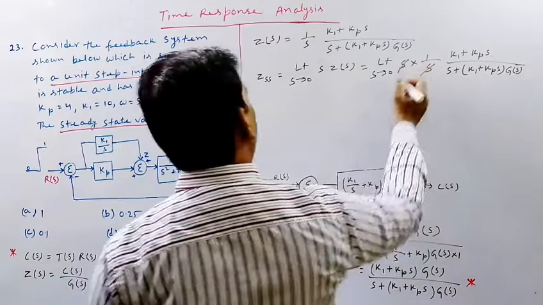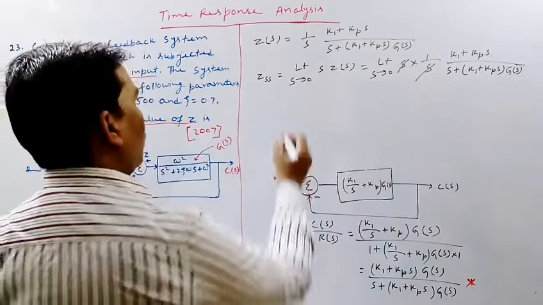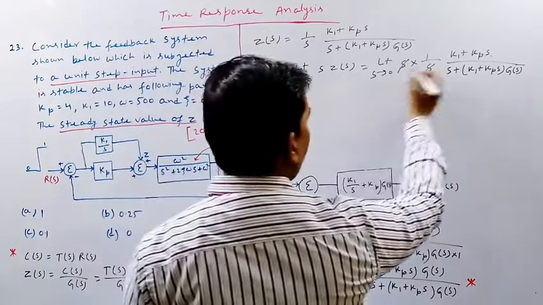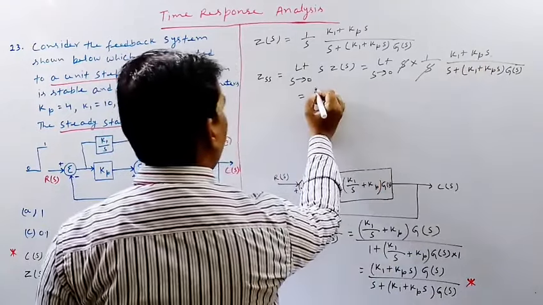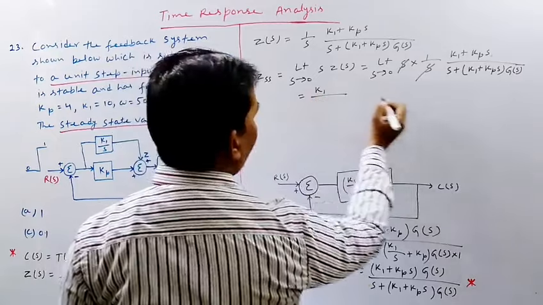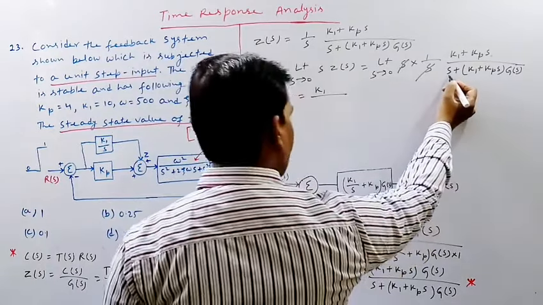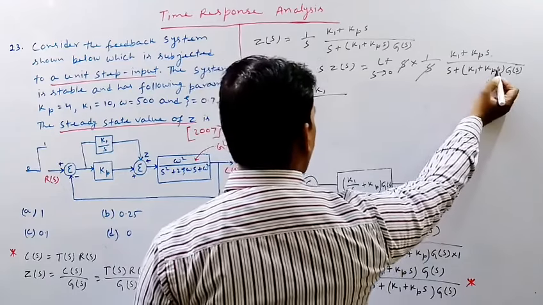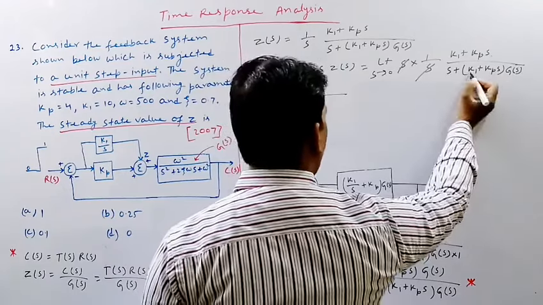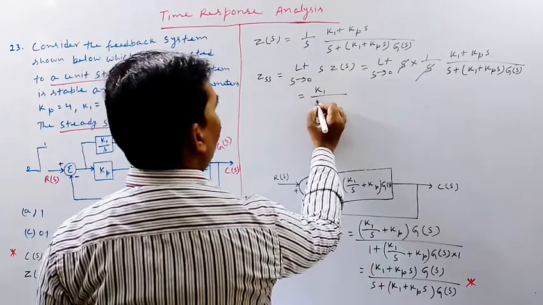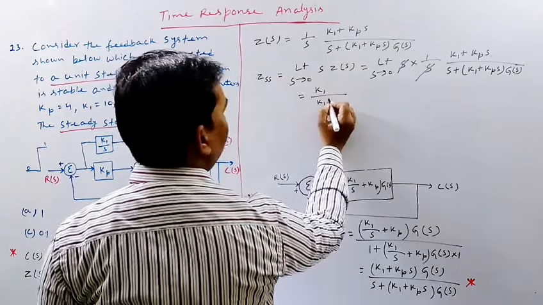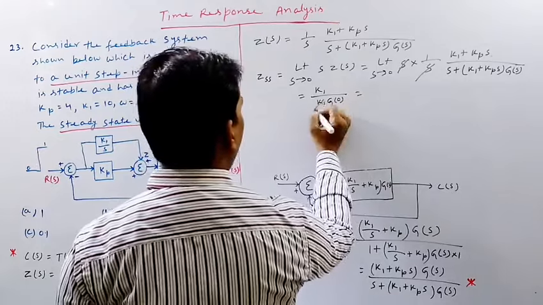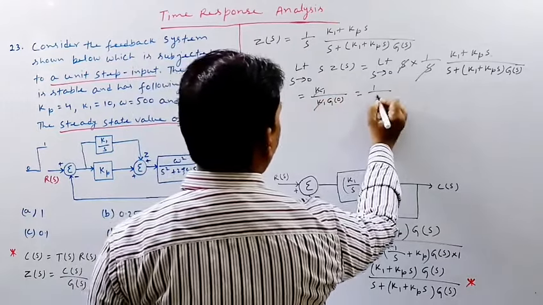Now these two S will cancel out each other. If we put S equal to 0, the numerator will be left with K1, and in the denominator the first term will be 0 and the second term will be left with K1 G0, because S makes the rest 0. Now K1 will cancel out each other, so 1 by G0.